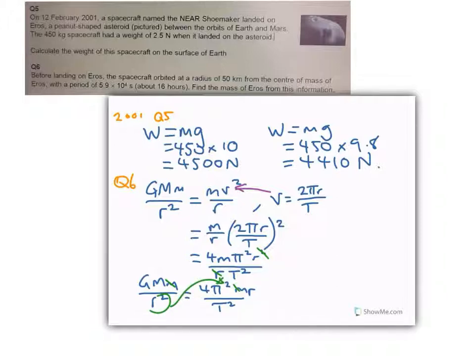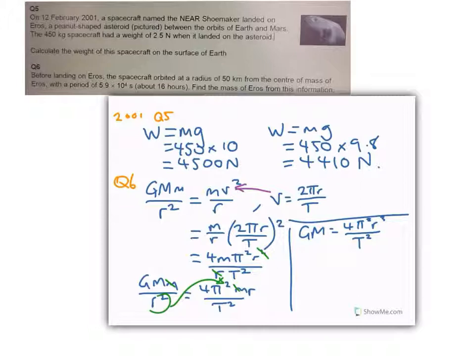So just as the intermediate step in there, we now have g with a big M will be equal to 4 pi squared r cubed over t squared.